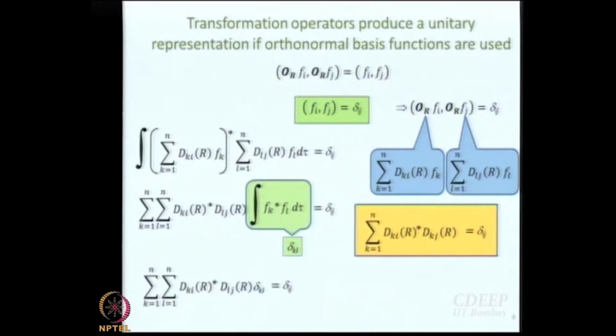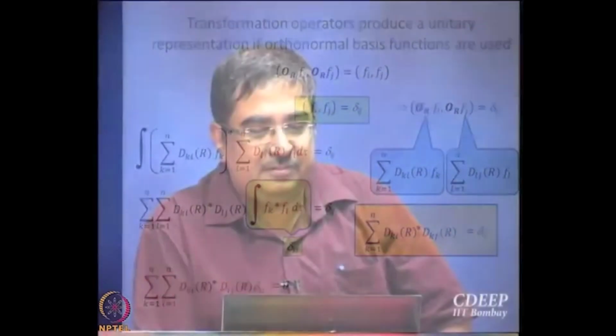What are these? These are matrix elements. Now, what we can do is put in explicit values, k equal to 1 to n. To start with, put k equal to 1. What do you have? d_1i r star d_1j r.